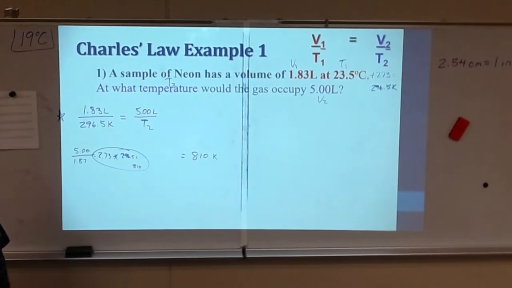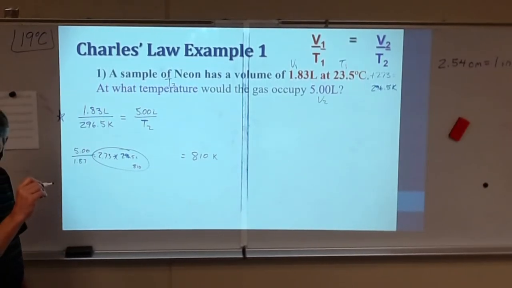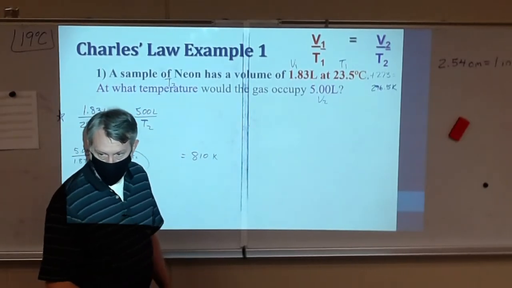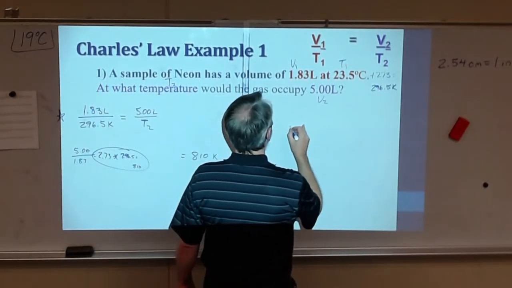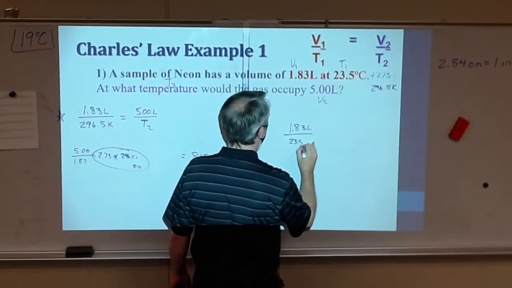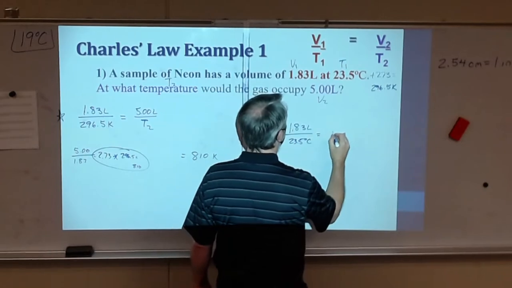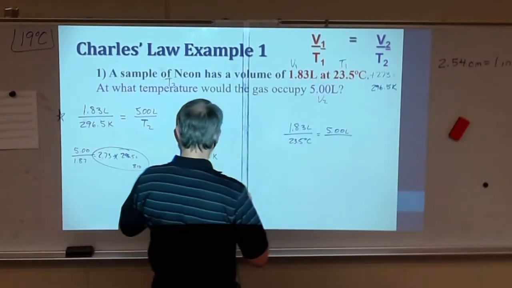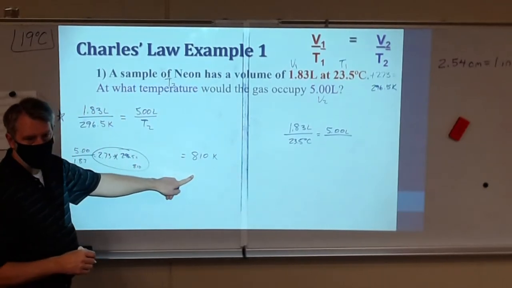I want you to write this down, but I also want you to write wrong, because we're going to do it the wrong way. I want to show you how wrong it is. If I'd said it was 1.83 liters and 23.5 degrees Celsius, somebody said it'll work out the same. Let's convert that back to Celsius.